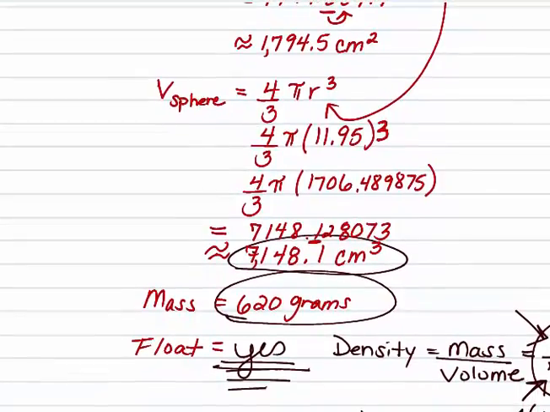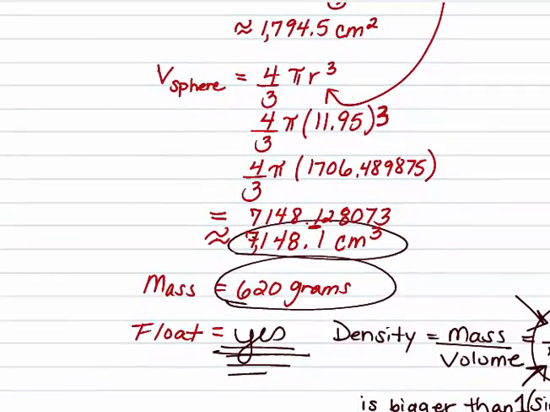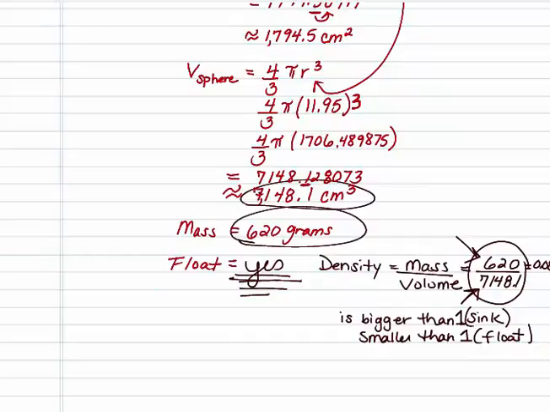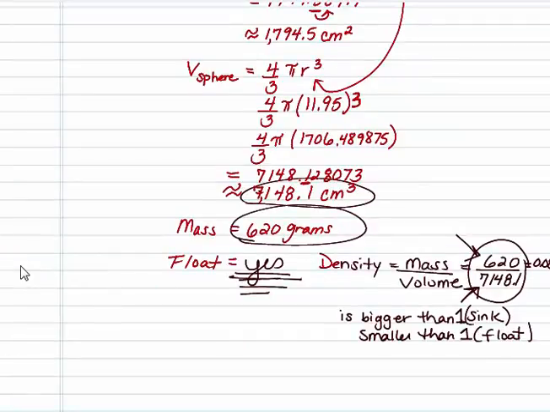Well, I don't know if a basketball would float. So the goal is, okay, if you look at the bottom, it says density equals mass divided by volume. And if this number is bigger than 1, it will sink.